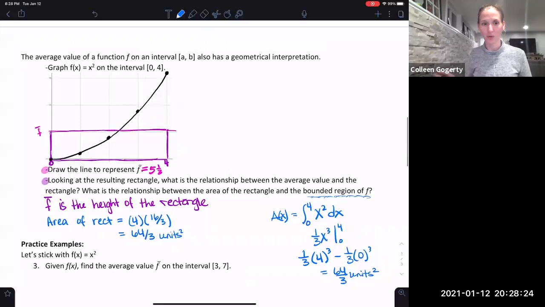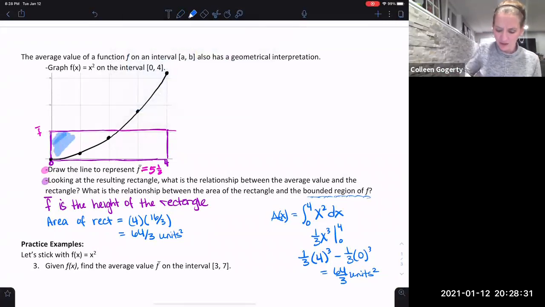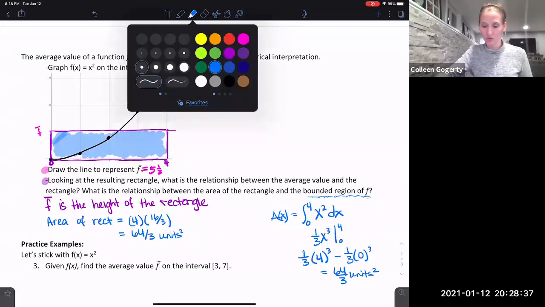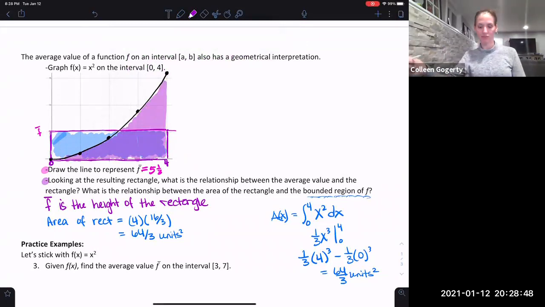So what this is saying is that the area of the rectangle is equal to the area under the entire curve. Interesting.